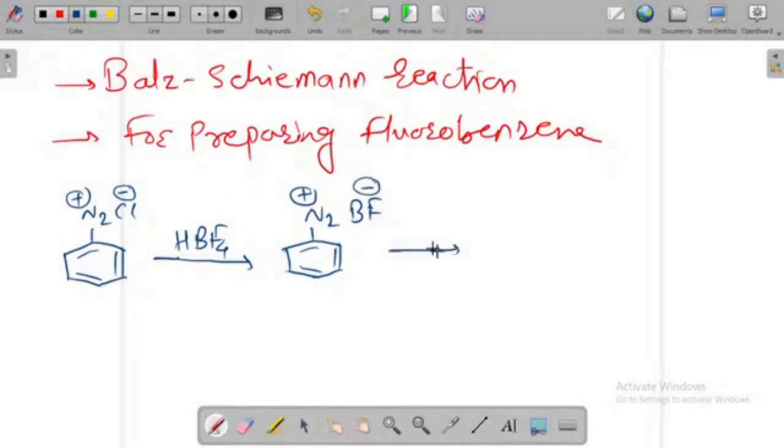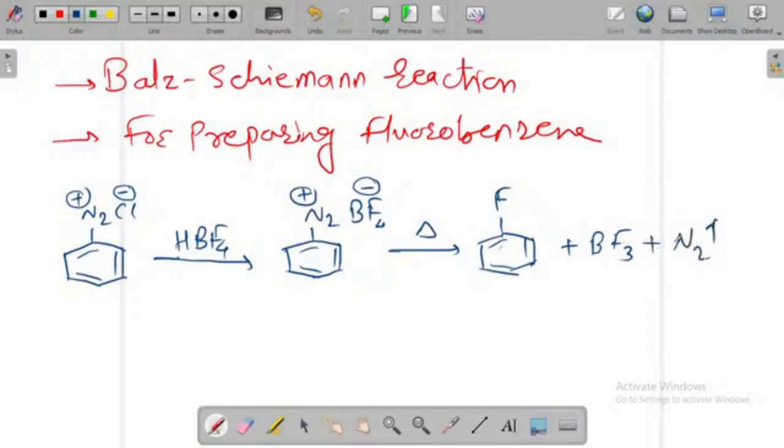which on further heating, on rearrangement, produces this fluorobenzene plus HBF4, plus BF3 and nitrogen.